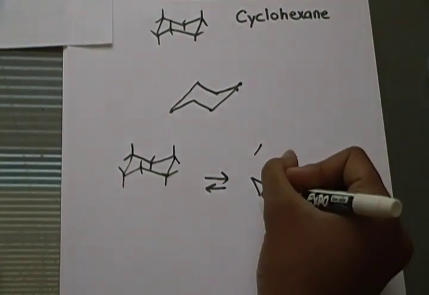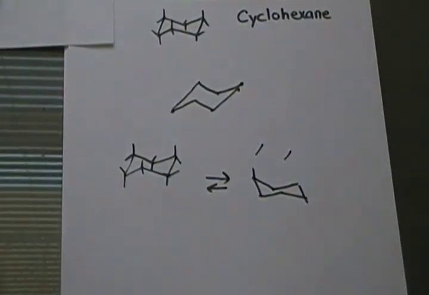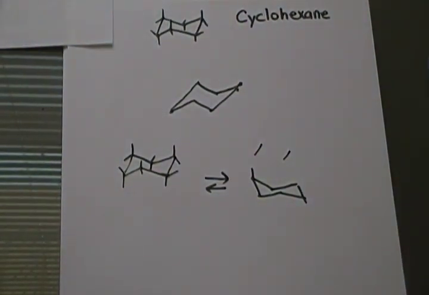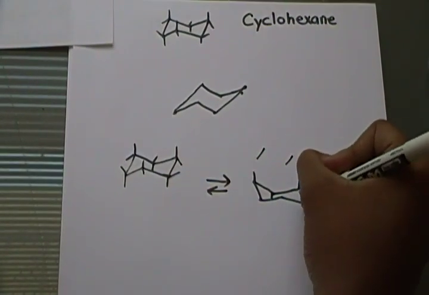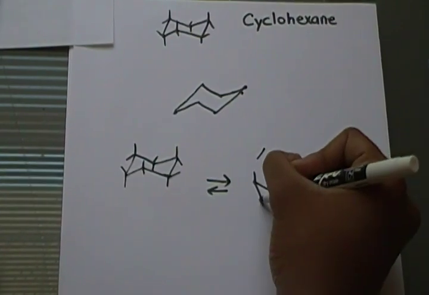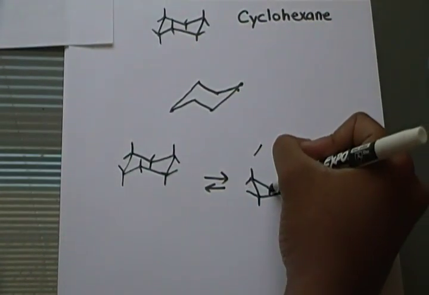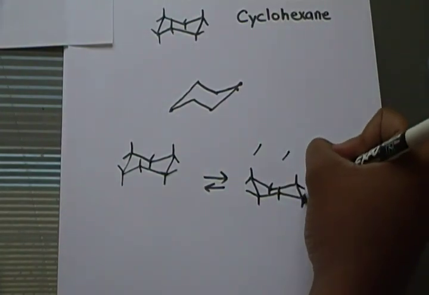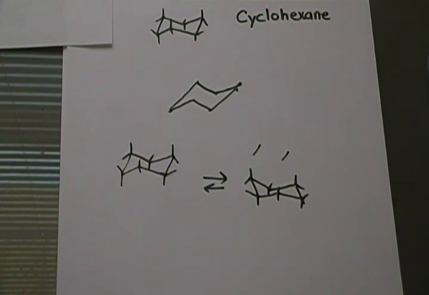And I make the same axial and equatorial hydrogens as well. As you see, the hydrogens are the same. It just looks like it's flipped, and that's all it is for the ring flip.